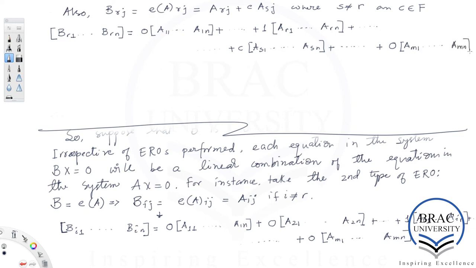So in this linear combination, two non-vanishing contributions from the rows of A are from the rth row and from the sth row.